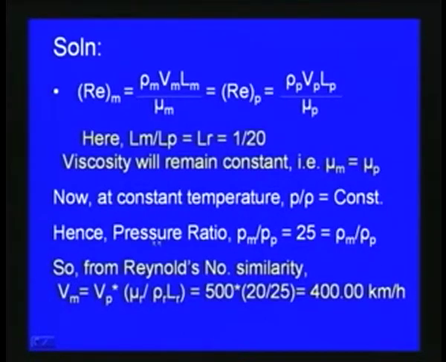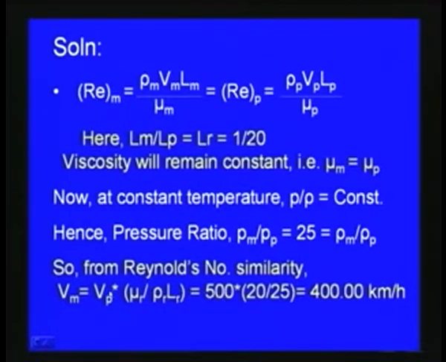Now, from the Reynolds number similarity, we have already seen that Vm can be represented as Vm is equal to Vp into mu r by rho r Lr. This gives the velocity of air in the model. Vp is the velocity of the prototype. mu r is the viscosity scale ratio, rho r is the density scale ratio, Lr is the length scale ratio.